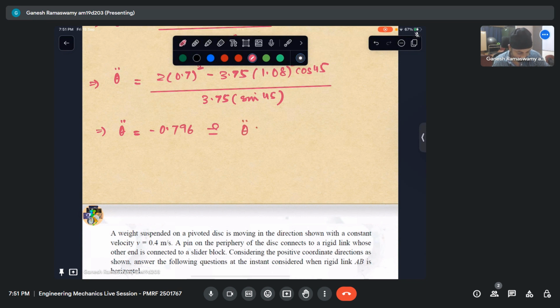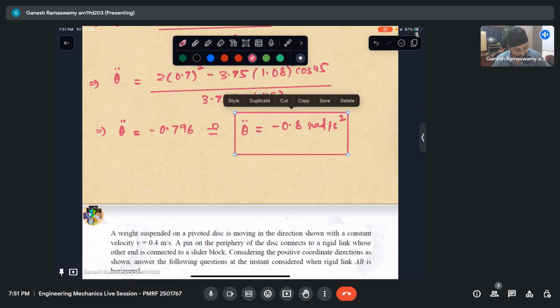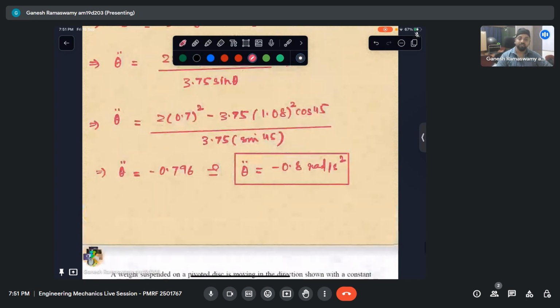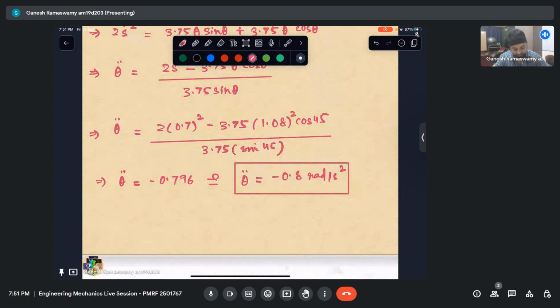radians per second squared. Now we can see that we could not have gauged that it is actually slowing down. This intuition we wouldn't have got. So it is very essential that we should not automatically associate acceleration directions on our own. It should come from the mathematics of the problem.